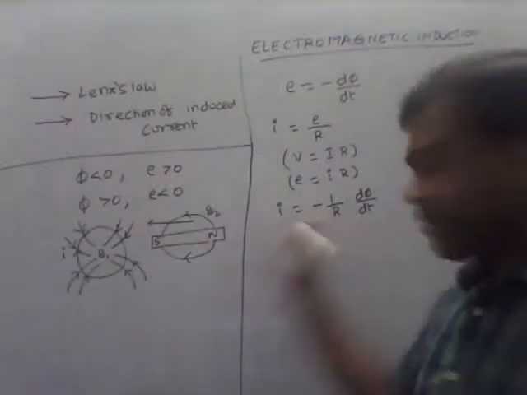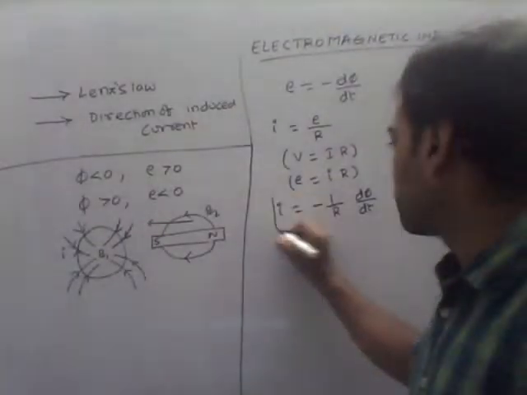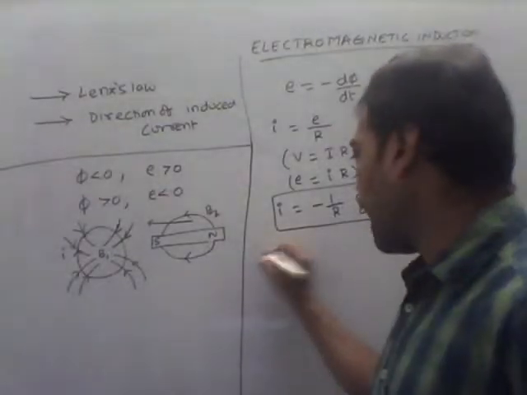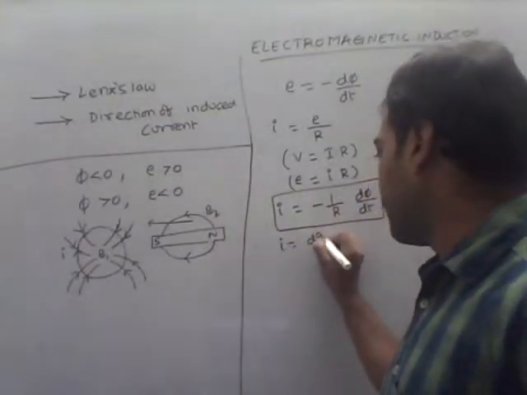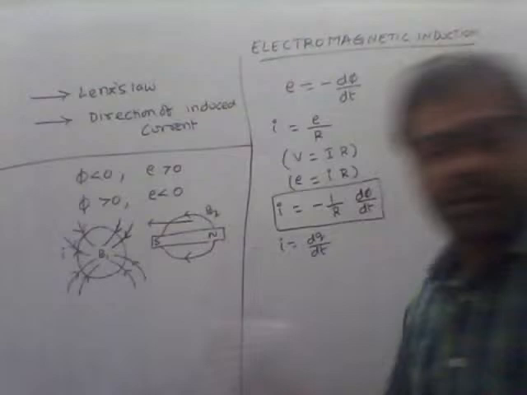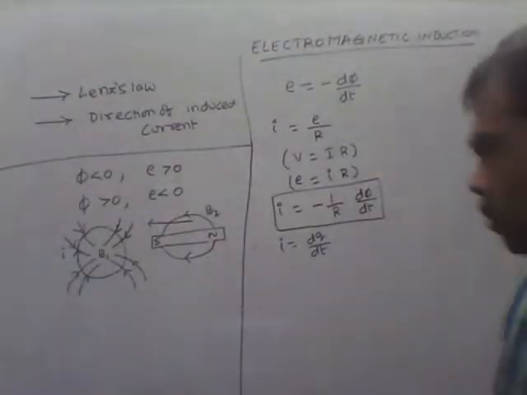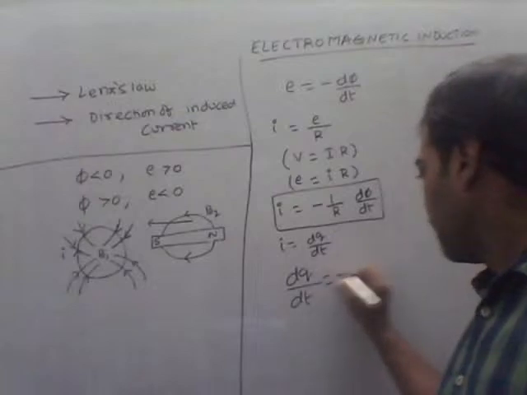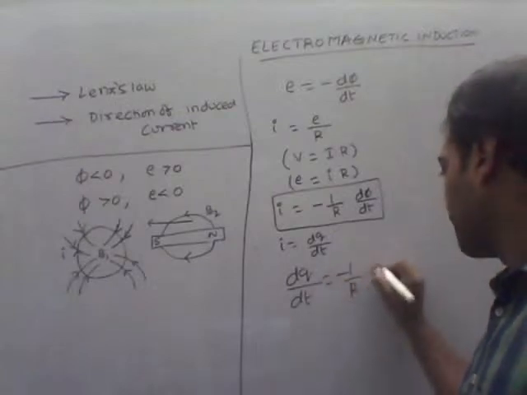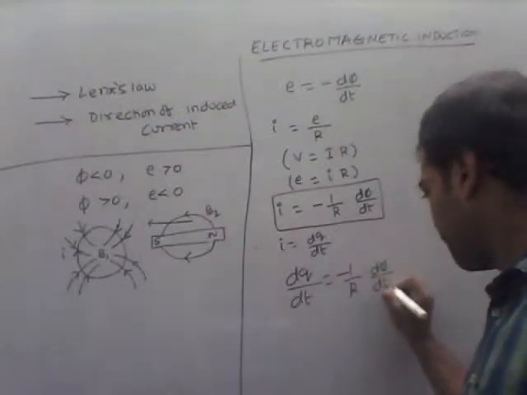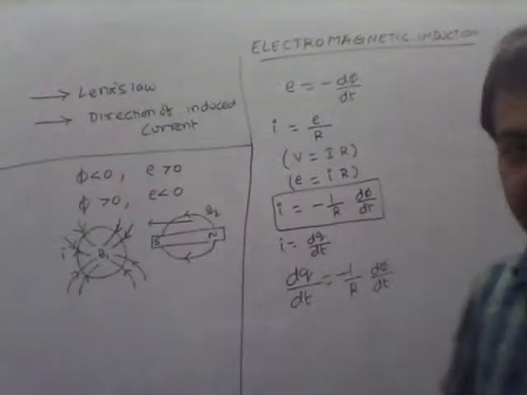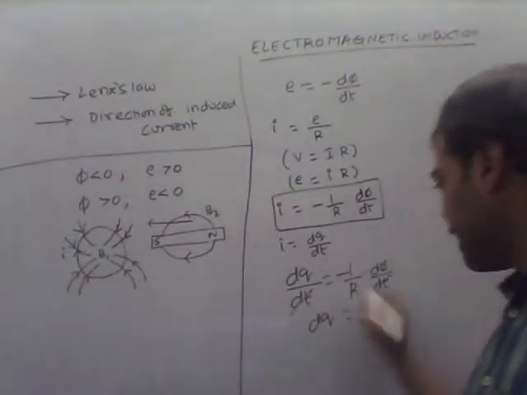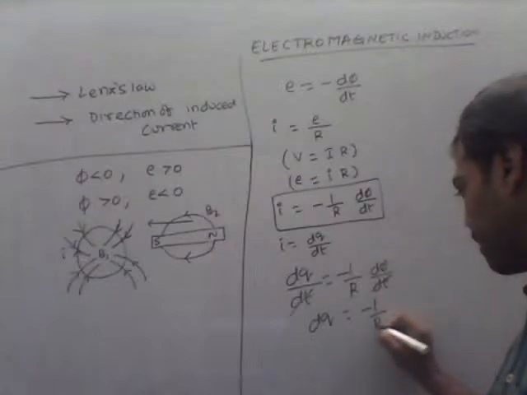With respect to the induced current, we'll have the induced charge, since I is equal to dq by dt. So dq by dt is equal to minus 1 by R into d phi by dt, so dq is minus 1 by R into d phi.